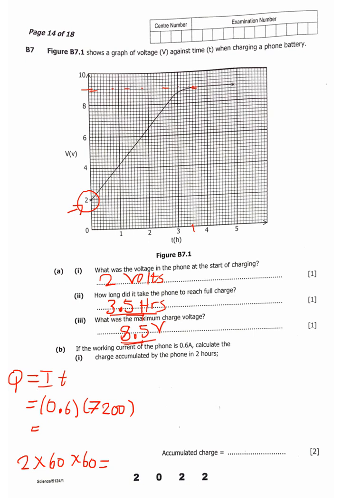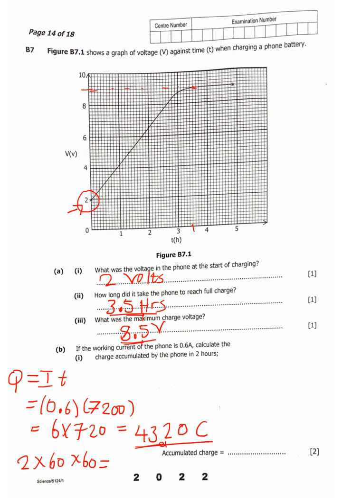Therefore I have 6 times 720. So 6 times 0 is 0, then 6 times 2, 12, carry 1, 6 times 7, 42, plus that one, 43. So this is our final answer, and the units are coulombs.